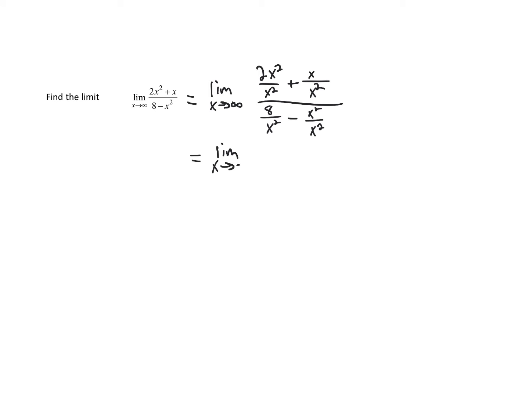Our second one is the limit as x goes to infinity. Now, typically with these, we divide each term by x squared. We can then simplify each of those fractions.